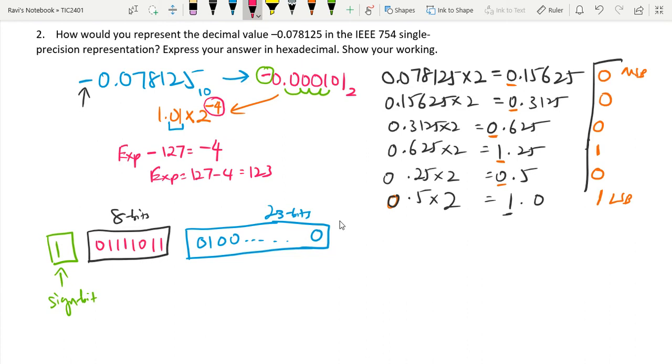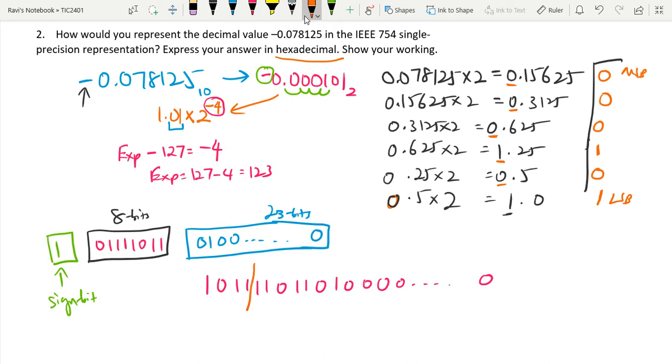Let me write it in a continuous format here. So 1 0 1 1 1 1 0 1 1 0 1 0 0 0 0 all the way until it ends. The question asked us to represent it in hexadecimal format, so I need to group it in bits of 4.